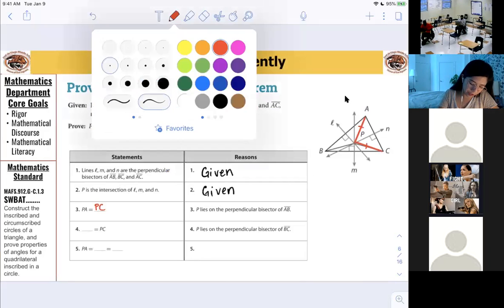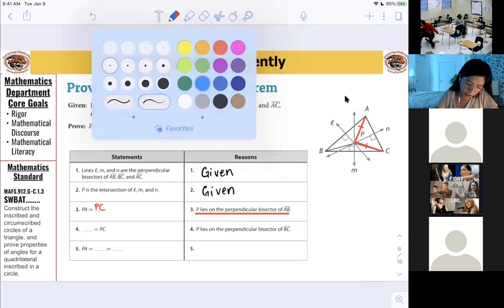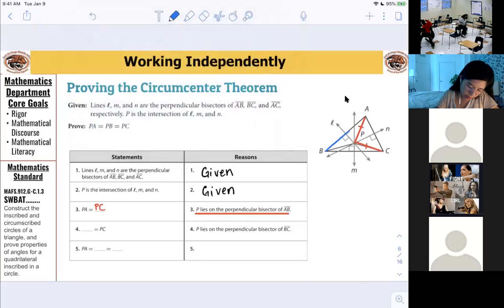So let's look at the reason. The reason tells me a little more. The reason is saying that P lies on the perpendicular bisector of AB. So I'm looking at AB. What Tyrone said is technically correct, but given that this is the reason, is that the conclusion that I can make?